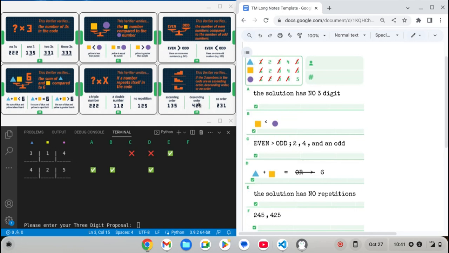And the same thing goes for descending. If it were descending, then you would know that square should be less than. I think I got that backwards. Let's see. Yeah. If it's ascending, square would be smaller. And if it's descending, you would know square is greater than circle.